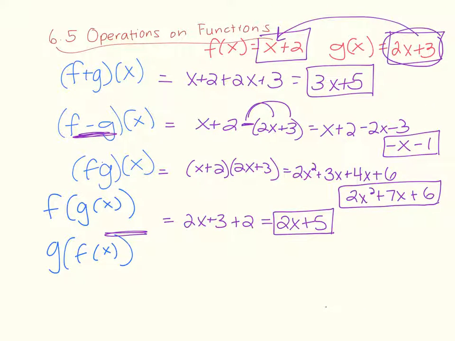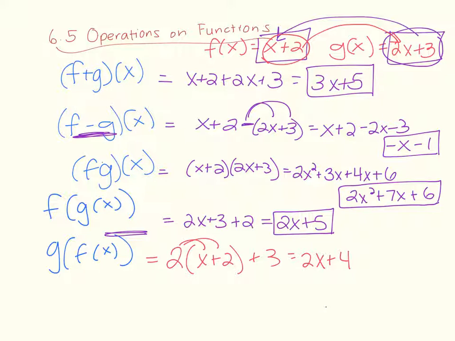Okay, and then the next one is g of f of x. So this time I'm taking f of x and plugging it into the g. So this would be 2 times x plus 2, plus 3. Distribute the 2, and combine your like terms.